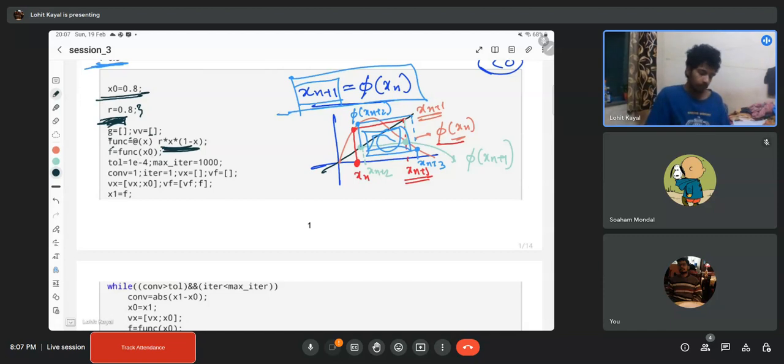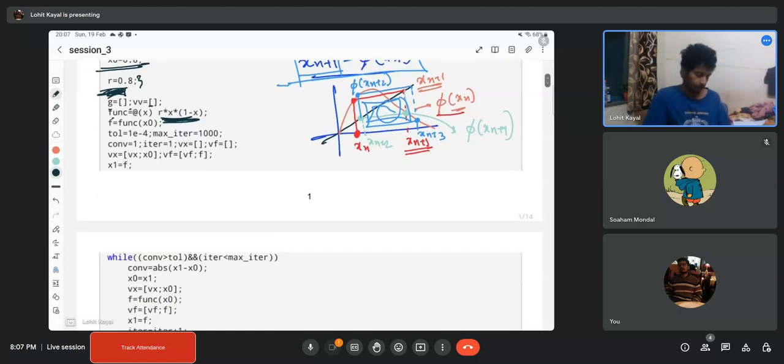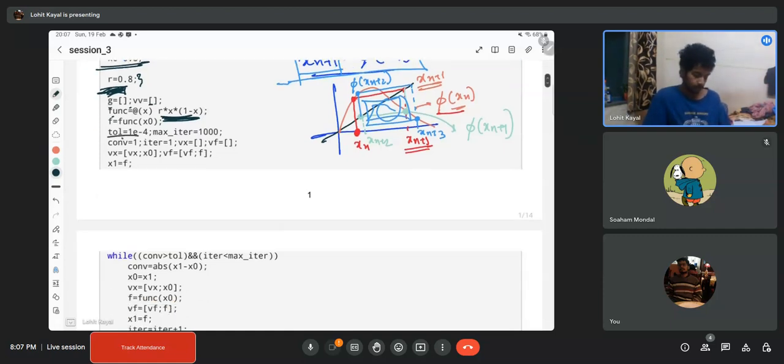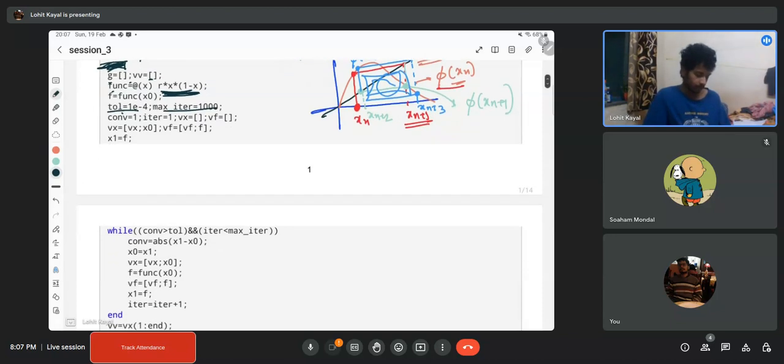So f equal to func of x0, so I am finding the value of my function at x0. This is my tolerance level and maximum iteration. I have defined two variables for the plotting case. In Vx I am storing the value of x, and in Vf I am storing the value of my function.